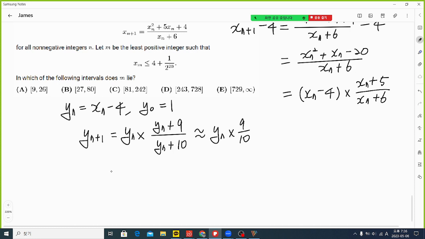So that means yn is close to 9/10 to the power of n, because the first term is 1. So we want to find when this value is close to 1 over 2 to the 20th power.